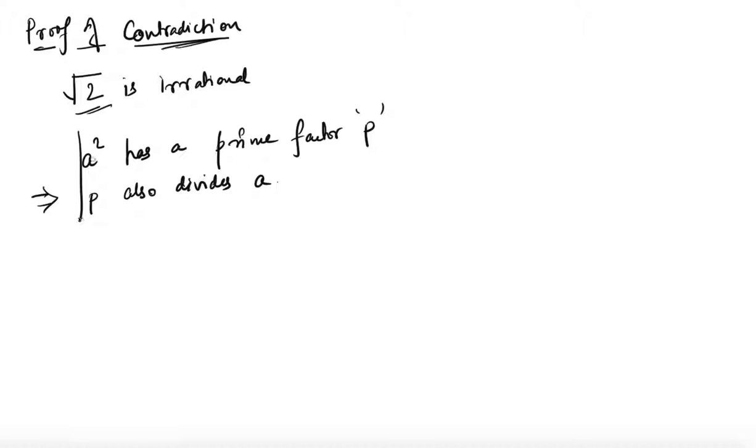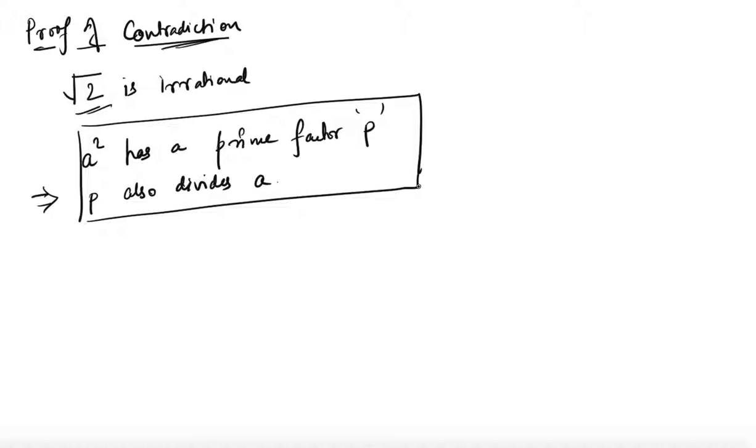This is the theorem that is required in order to prove that root 2 is irrational.